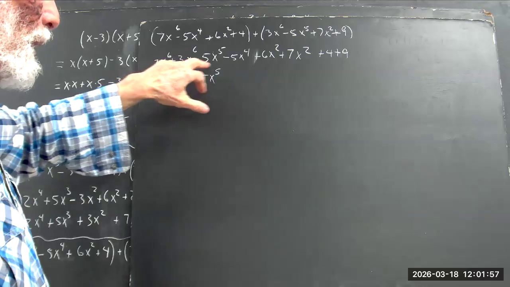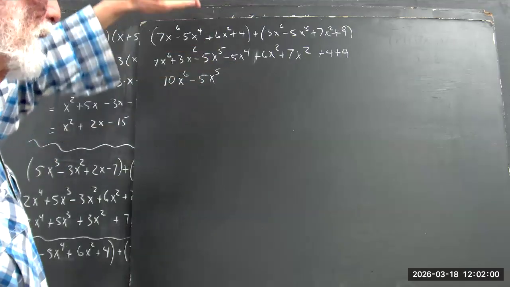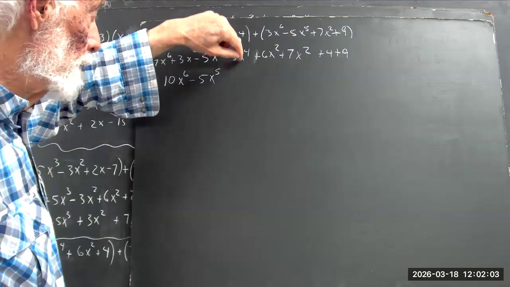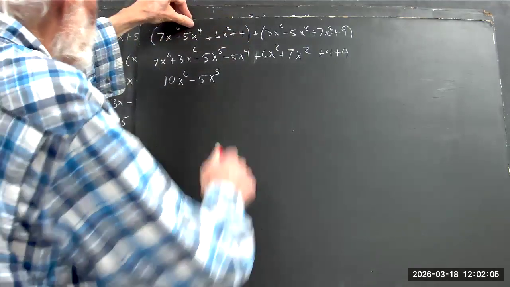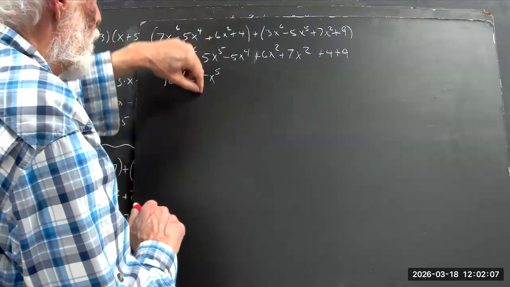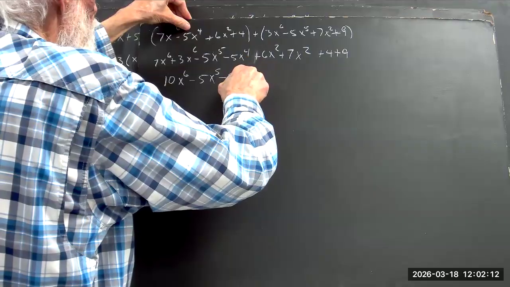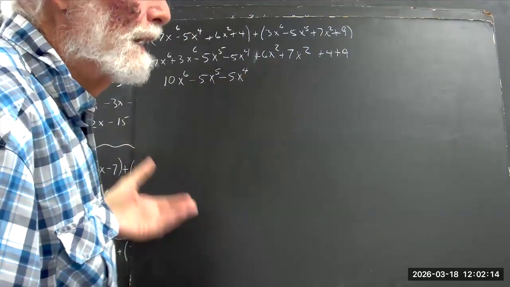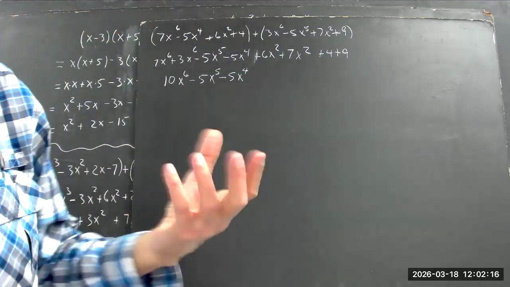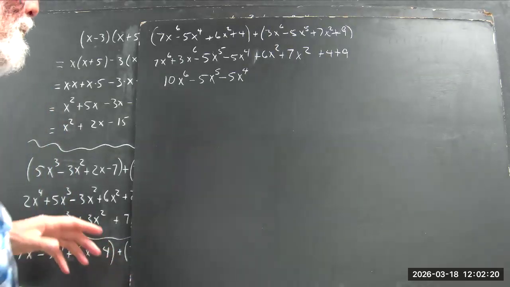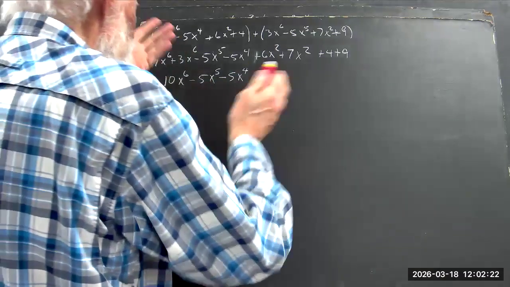You might want to do something like combine the minus 5s, but you can't because this minus 5 is on an x to the 5th. This minus 5 is on an x to the 4th. So you have your minus 5x to the 5th, then you have your minus 5x to the 4th. They don't combine even though your eye kind of catches something there. And maybe it looks like they ought to, but they don't.